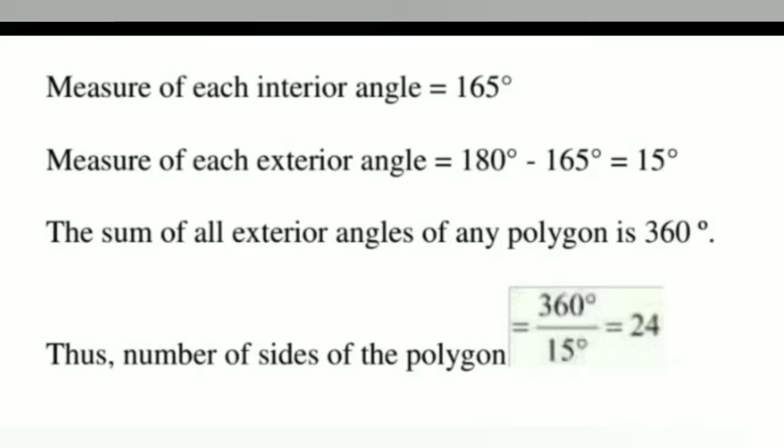This is equal to 180 minus 165. It will come 15. The sum of all exterior angles of any polygon is 360 degree. So the number of sides of the polygon is equal to 360 degree upon 15 degree. It means number is what? 24.